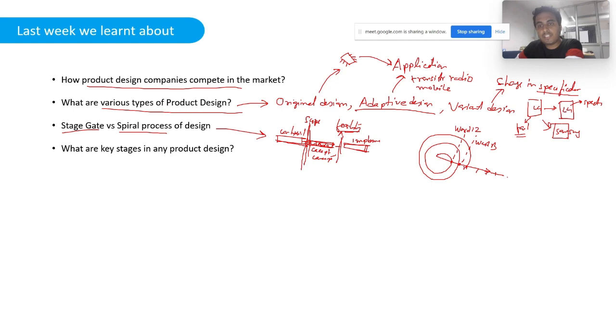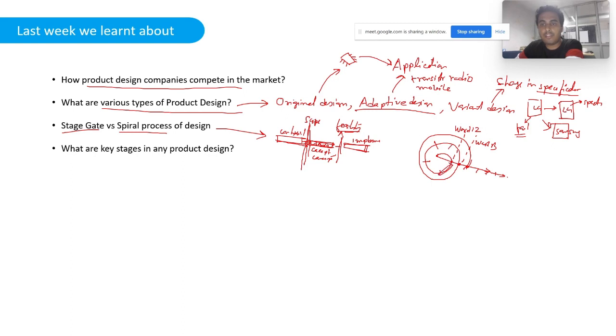The companies fix their outcome and their deployment cycle previously, before they actually went into the product development phase. And each of these cycles is actually one stage gate. So this is again linear.